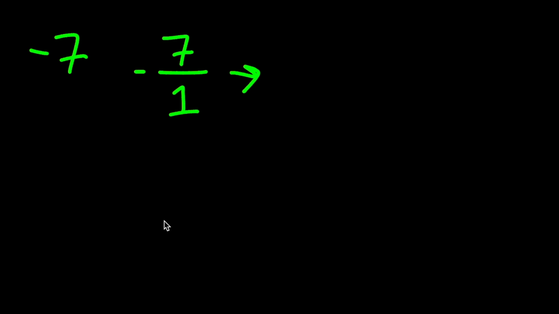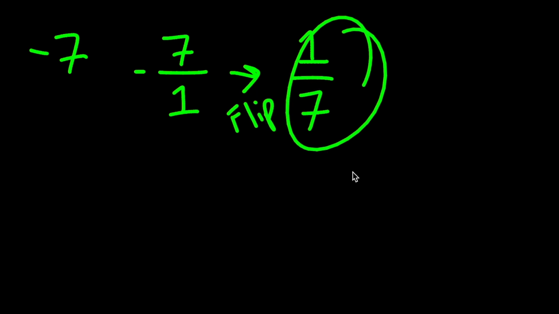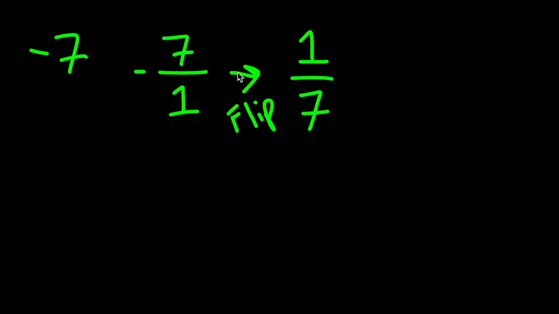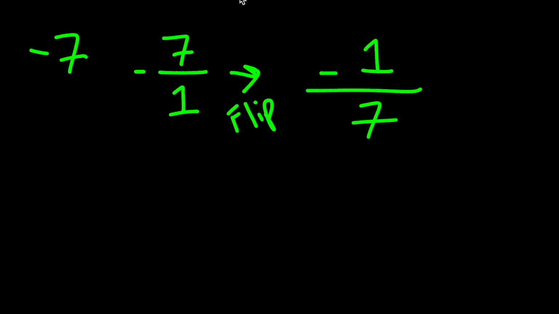And we're going to flip it to get 1 over 7. That is the reciprocal. So flip. And that is your, oh, don't forget the negative sign. Let me write this a little bit better. So the reciprocal is going to be negative 1 over 7.